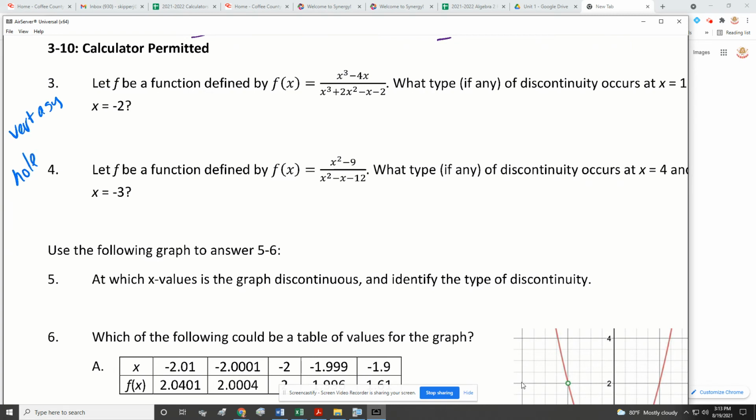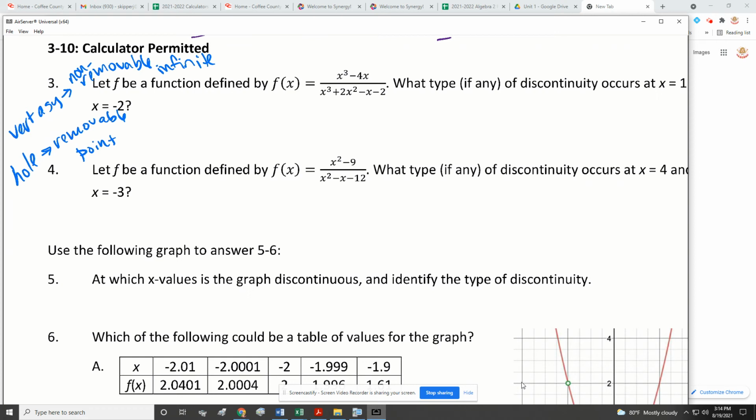Now, that's not what the test is going to say. So for a vertical asymptote, it's going to say non-removable infinite discontinuity. And then for the hole, it's going to be removable point discontinuity.